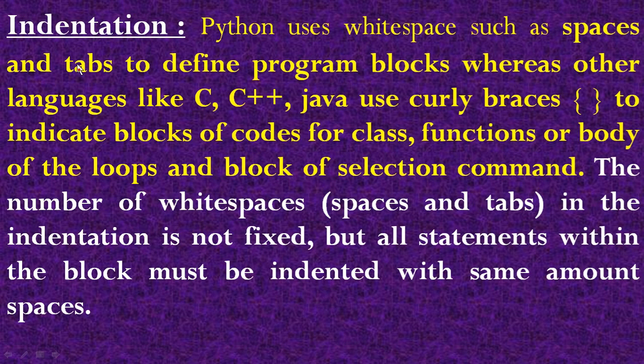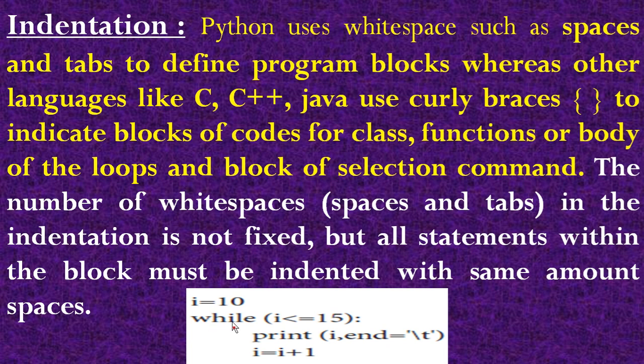Next one, indentation. Python uses white spaces such as spaces and tabs to define program blocks, whereas other languages like C, C++, Java usually use curly braces to indicate the blocks of code for class, functions, or body of the loops and block of the section command. The number of white spaces or tabs in the indentation is not fixed, but all statements within the block must be indented the same amount of spaces.